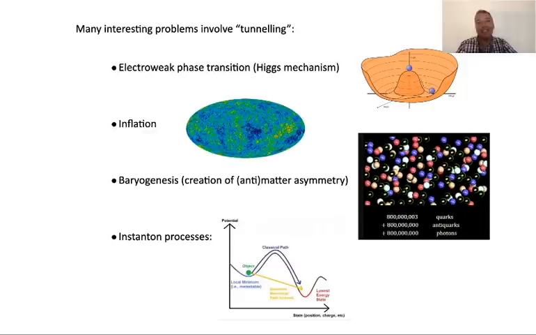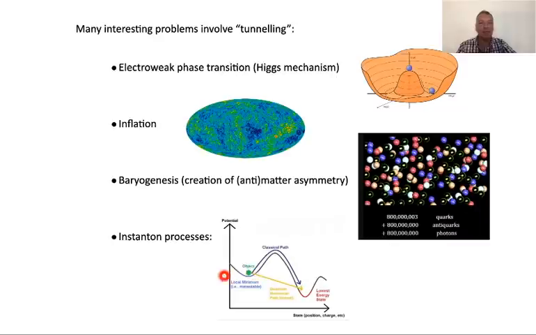So why are these sorts of processes interesting? You may observe tunneling in certain manifestations of what's called the Higgs mechanism, which you've probably heard of, there's inflation, cosmological scenarios, baryogenesis, creation of matter-antimatter asymmetry, and anything involving an instanton, what we call instanton processes.